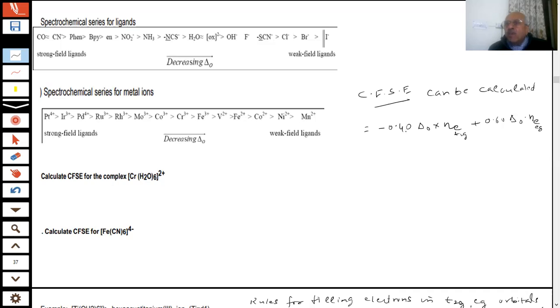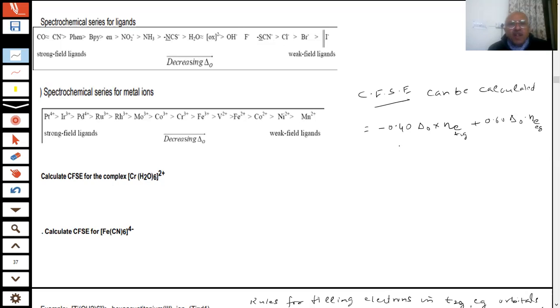In certain competitions, that question has been given. So this is the way we calculate crystal field stabilization energy. The more negative means more stabilization energy, student, lowering of the energy, and more positive means more repulsion.